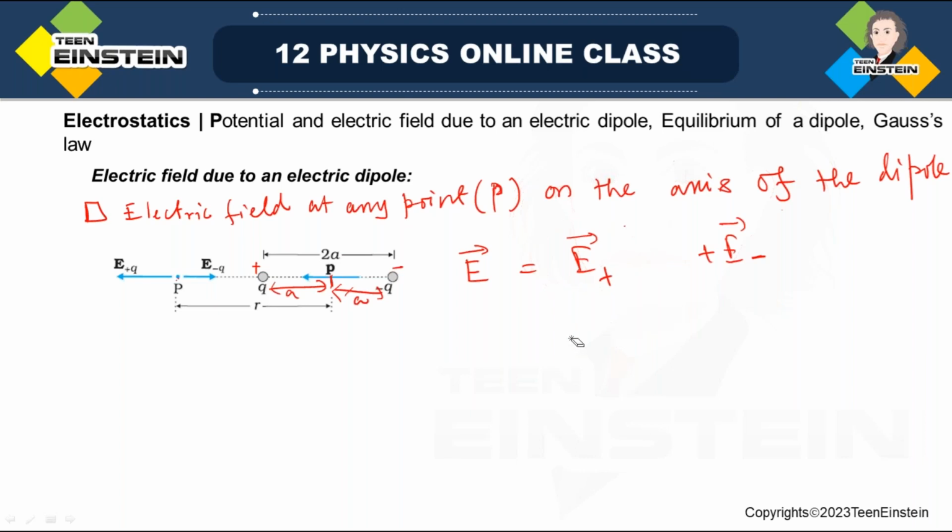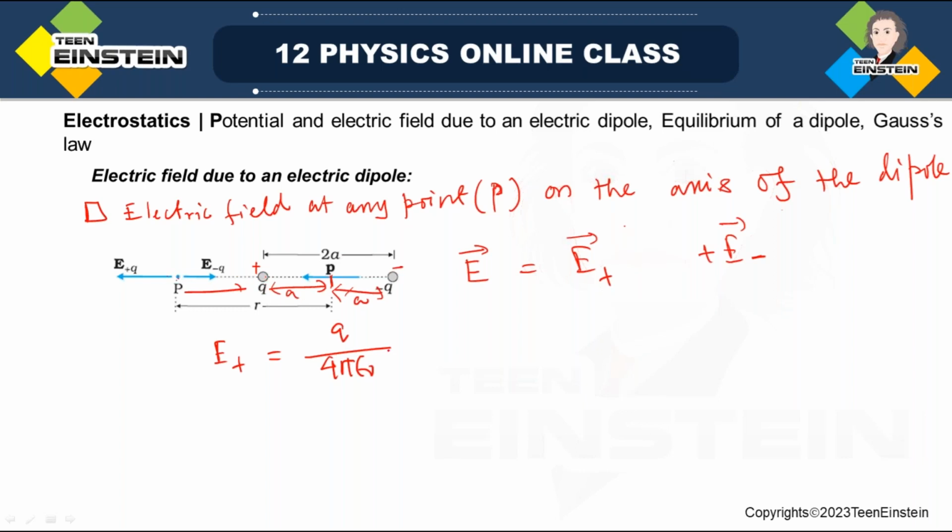So in this case, E plus is the electric field due to the positive charge. So this distance I have to find out. So Q by 4 pi epsilon naught, and the distance will be this one square.